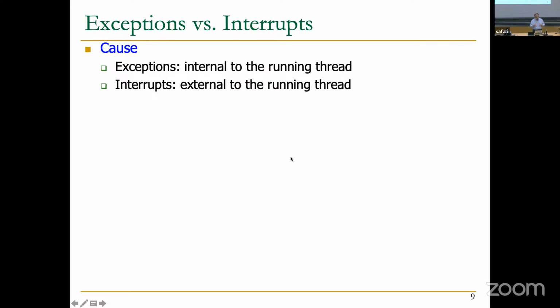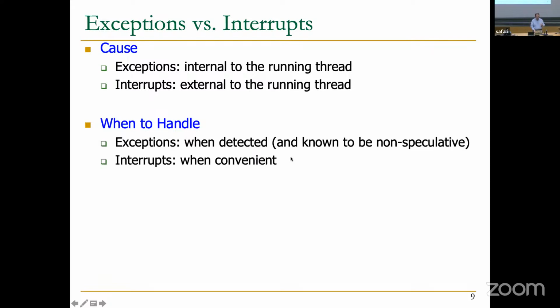But interrupts are usually external to the running thread. The difference affects how we handle the event. For exceptions, whenever we detect one, we need to handle it. But for interrupts, most of the time you can actually delay taking them until convenient.